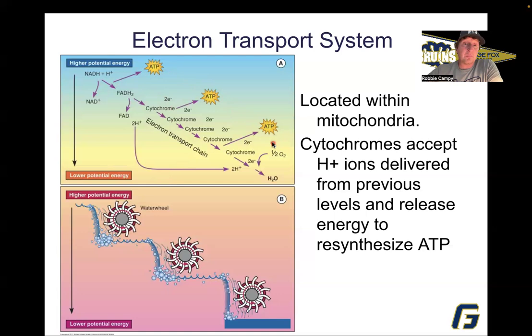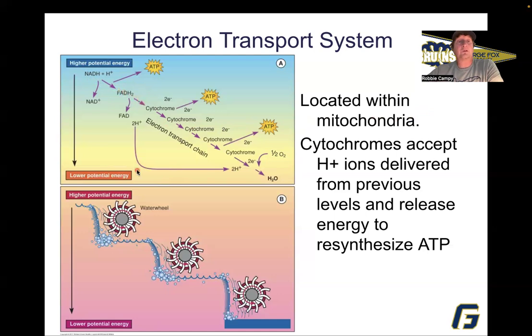You'll also see at the bottom here, what is it that we have to have at the very bottom to hand that hydrogen off to? We have to have oxygen. So this is why we refer to this as the aerobic pathway. Located in the mitochondria, these cytochromes that are embedded within the mitochondria take in the hydrogen ions that we've created as we've broken down sugars and fats and proteins.